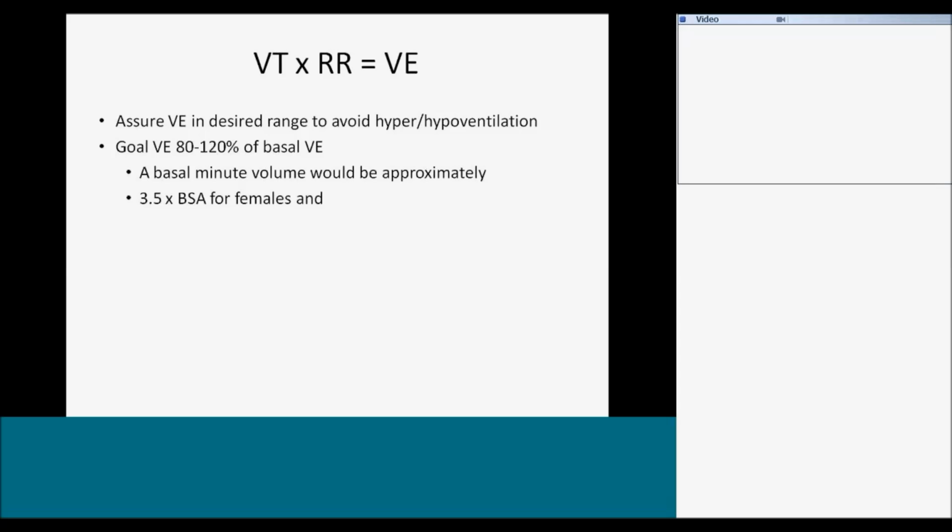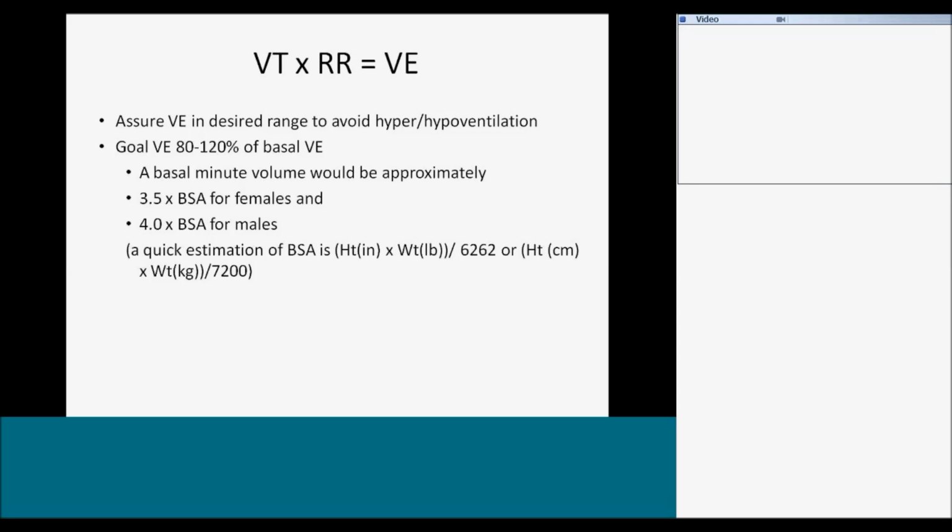Our goal is set based on standard minute volume determination criteria, which is 3.5 times body surface area for females, 4.0 times body surface area for males. Body surface area is estimated with this formula here. Okay, so height in inches times weight in pounds divided by 3131.